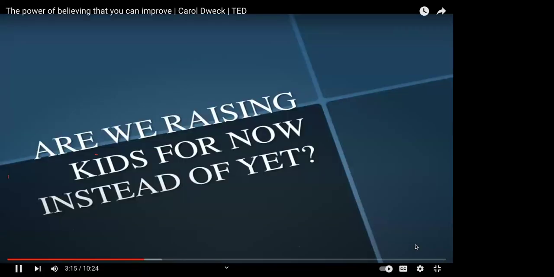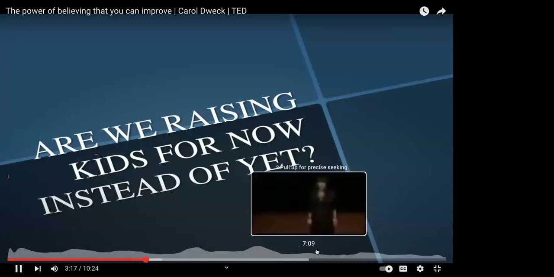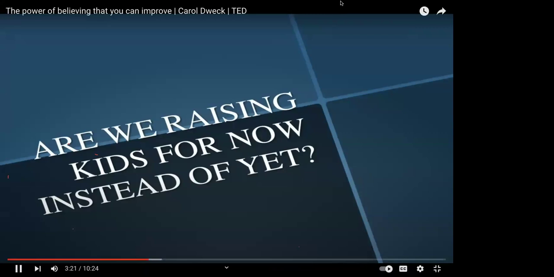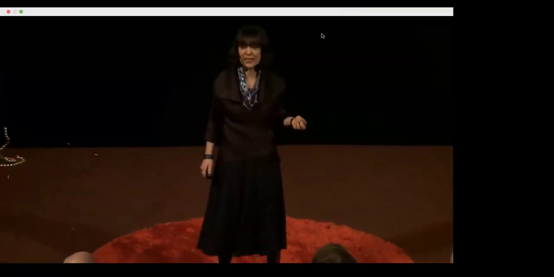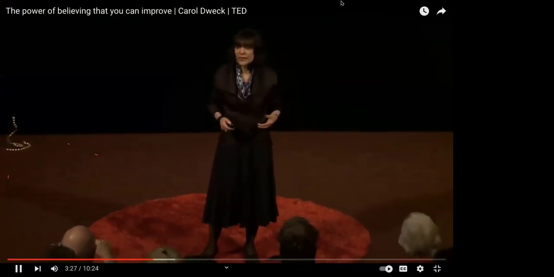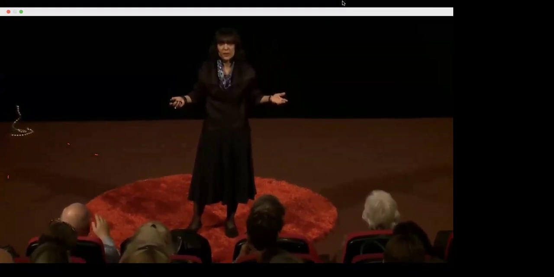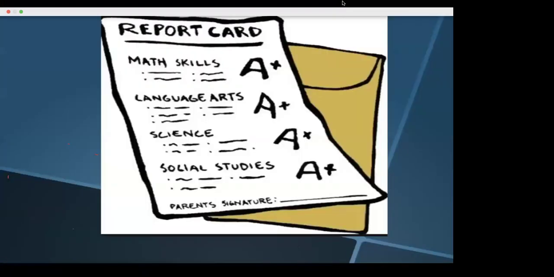How are we raising our children? Are we raising them for now instead of yet? Are we raising kids who are obsessed with getting A's? Are we raising kids who don't know how to dream big dreams? Their biggest goal is getting the next A, or the next test score?